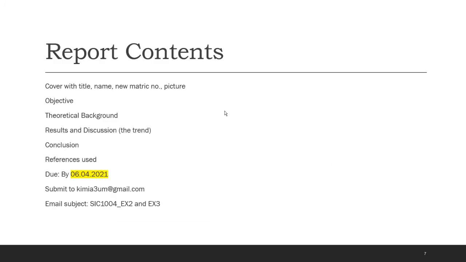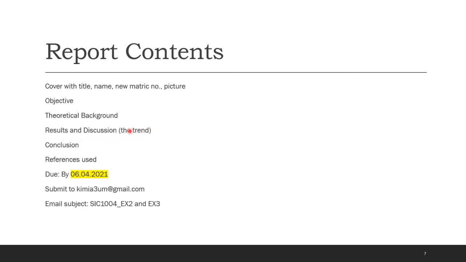As usual, the report will consist of the title, name, your metric number, and please put your picture again so that I can recognize you when I see you face to face. The objective is already stated. Then the theoretical background, especially on the 50% neutralization, and prove the equation in which pH equals pKa.